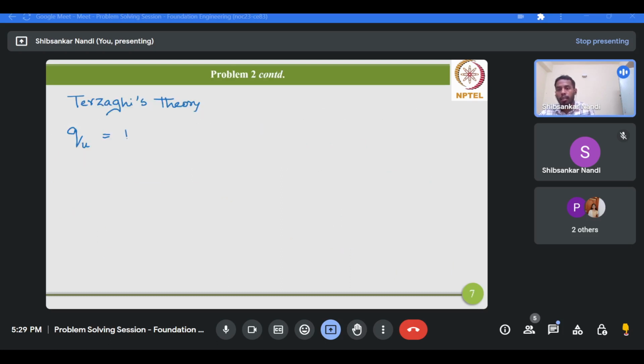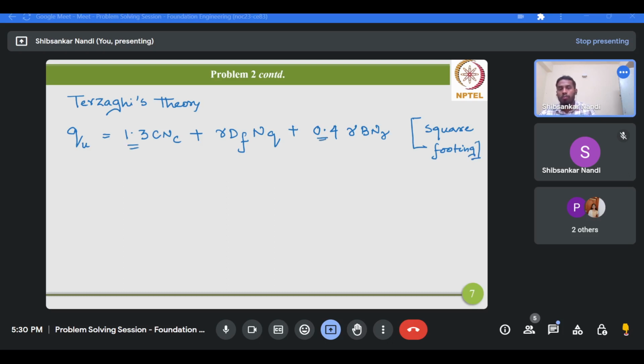So q ultimate, it would be 1.3 c Nc plus gamma Df Nq plus 0.4 gamma B N gamma, and this is obviously for a square footing, considering the shape factors. So this 1.3 and this 0.4, this is considering the shape factors.